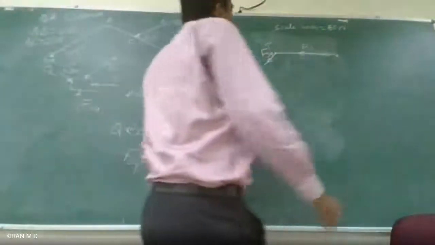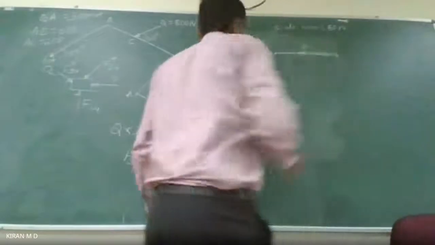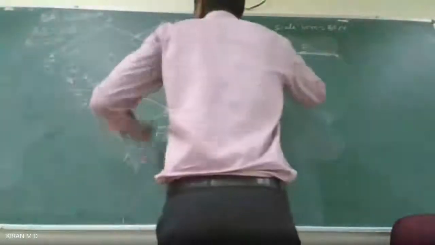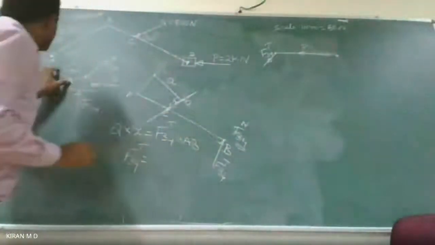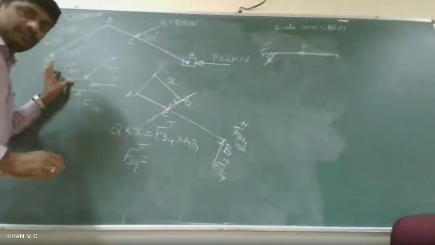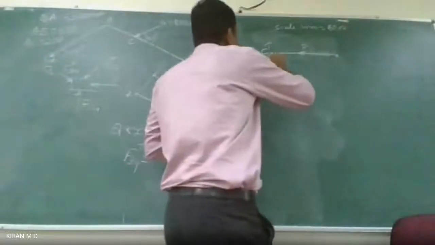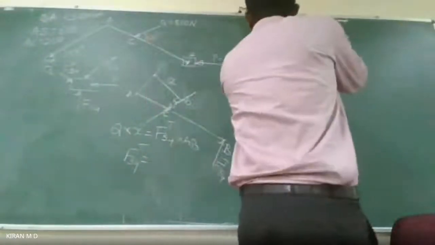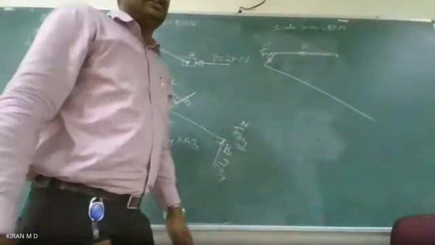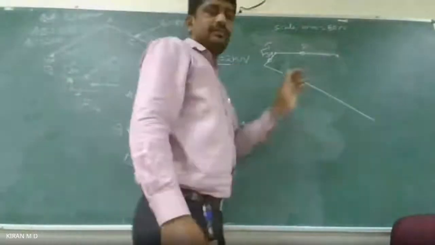Then what is the other line you should draw? This is the normal force F34; you know the direction but you don't know the magnitude. Just draw this line parallel to the connecting rod.